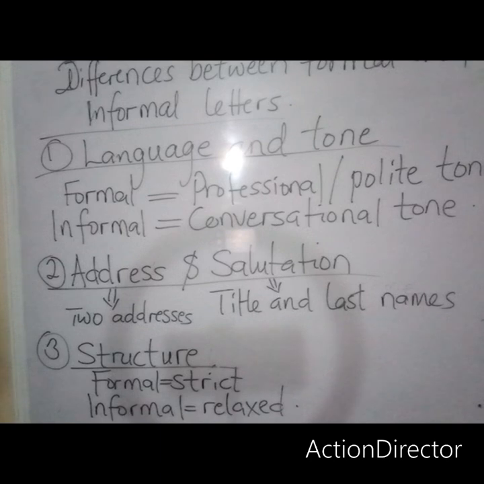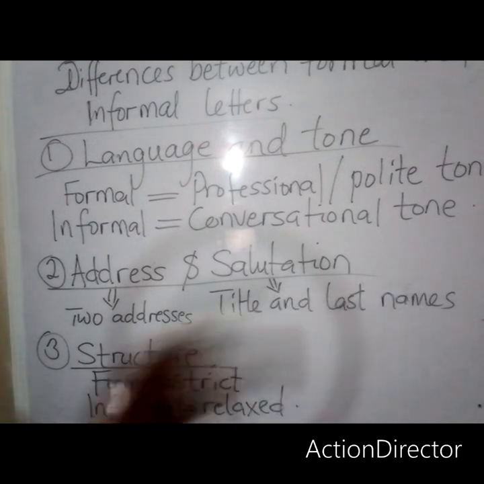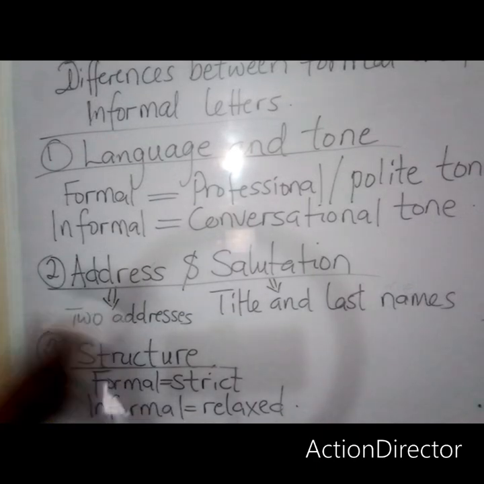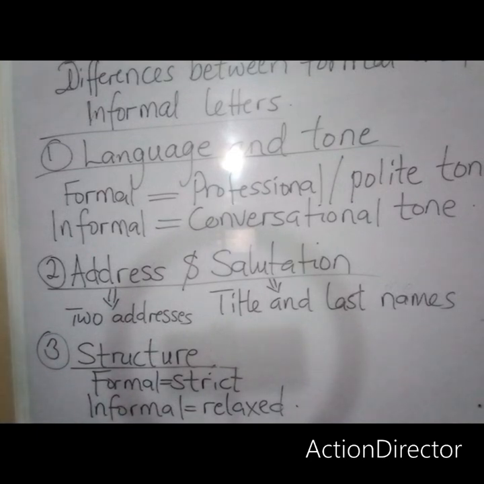For instance, Mr. Chandler. Assuming the person you're writing to is John Chandler, you won't say Mr. John, you will write Mr. Chandler. But in the case of informal letters, you will just write John, which is the first name. So the way you address the person you're writing to also differs. For formal letters, you use titles and last names, but for informal letters, you can use first names. Or if it's an auntie, for instance, you're writing to, you just write Auntie Sarah, Uncle John, just like that.